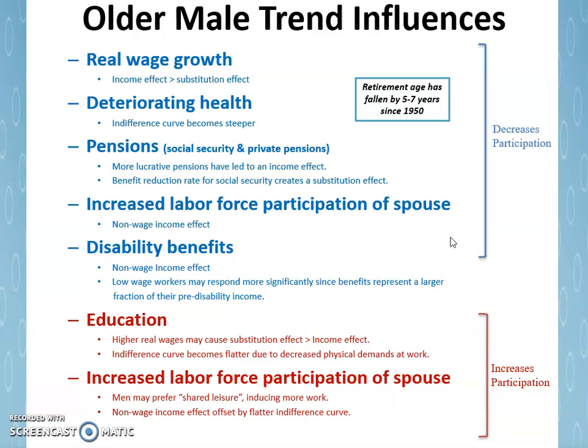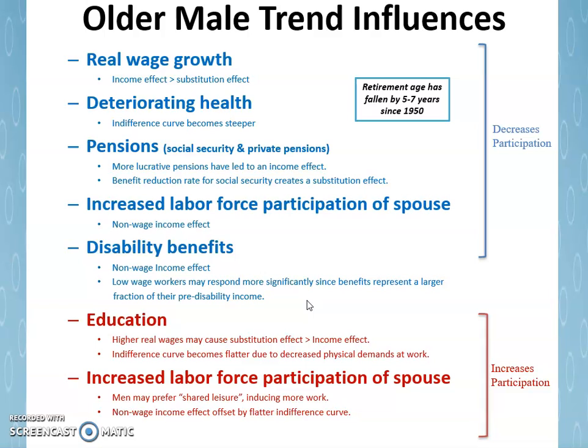But disability benefits vary based on your pre-disability wage. Lower wage workers are likely to get a higher fraction of their pre-disability wages from the program, whereas higher income earners are likely to get a lower fraction. Example, if you make $30,000 a year, maybe you get $15,000 in disability.